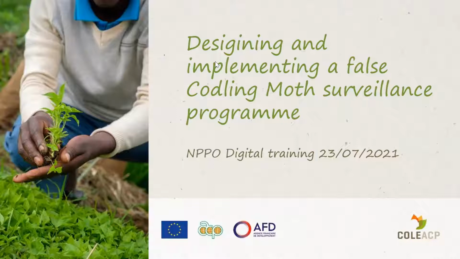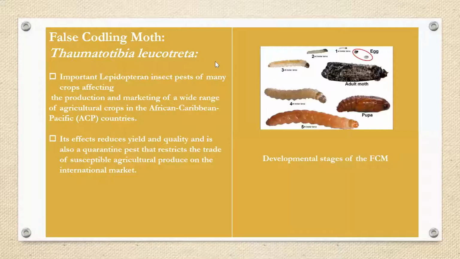We picked the false Codling moth. Depending on where you are, I know you also have pests that can be troublesome. You could still use this approach on other pests that are troublesome in your areas. So I'm sharing the screen and let us proceed.